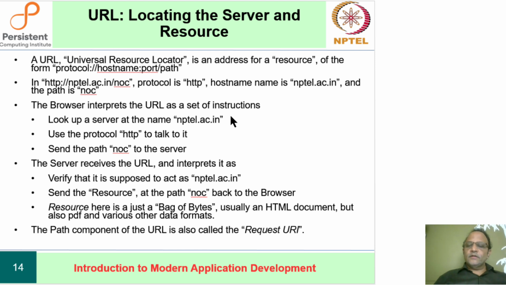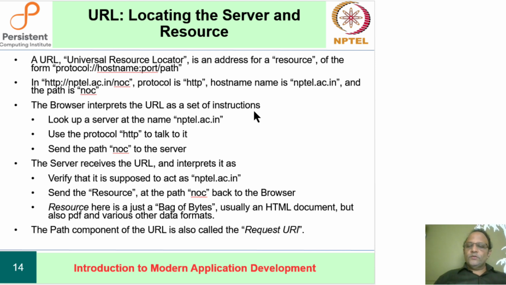The next step is to take the resource at the path NOC, which it knows how to locate, again by means of various configurations, then read the contents and send it back to the browser. The resource here is just what we can think of as a bag of bytes. Usually it's an HTML document, but also, as we know, PDF and video and various other data formats are also available as resources.